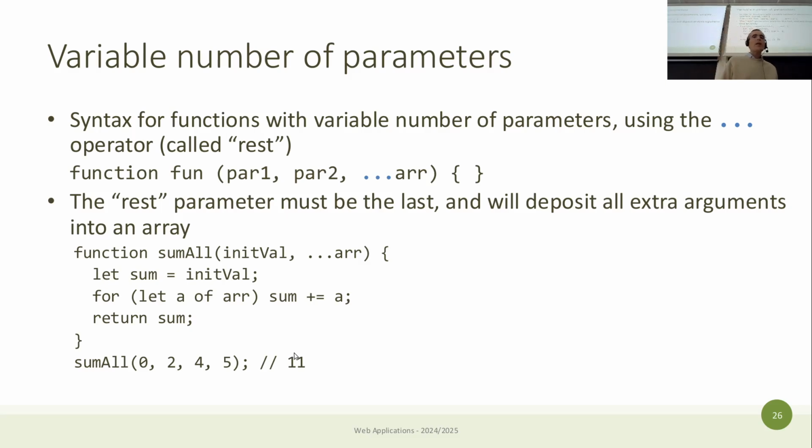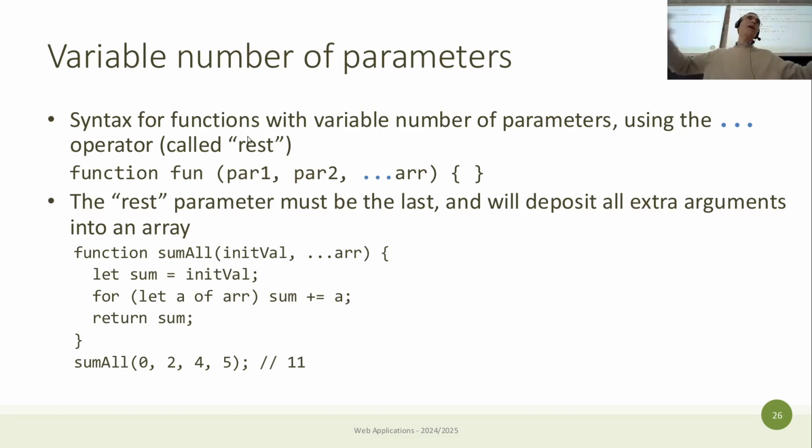You can have a variable number of parameters, since there's no problem in having more parameters. The point is, how do I get access to the parameters passed to the function? Well, this is the way. There's an operator, again the 3 dots, which in the function takes the name of rest instead of spread.